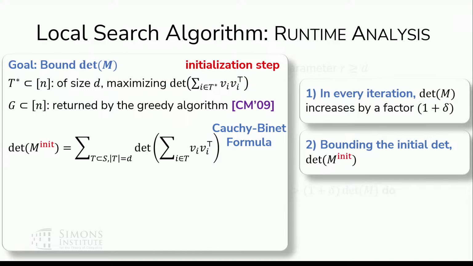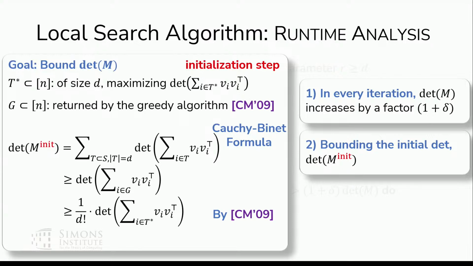We can write the determinant of the initial matrix M by the Cauchy-Binet formula as the sum of subdeterminants of size d. And in particular, we have just one of them corresponding to the greedy set. And this is already larger than 1 over d factorial. I think I'm missing a power of 2 here. So 1 over d factorial raised to the power of d times the determinant of the best subdeterminant of size d, corresponding to T star. And this is just the guarantee of the greedy algorithm.